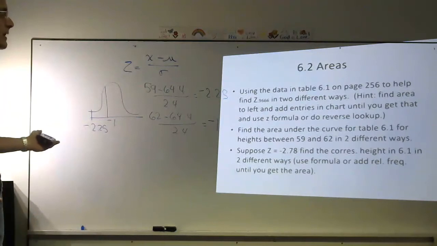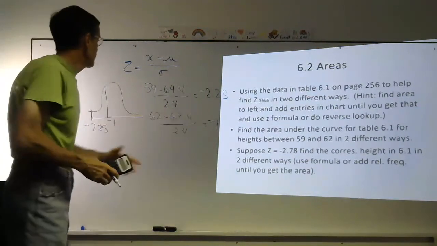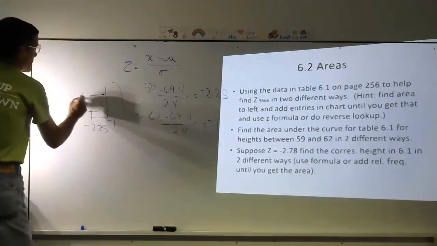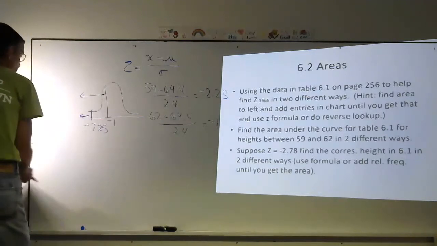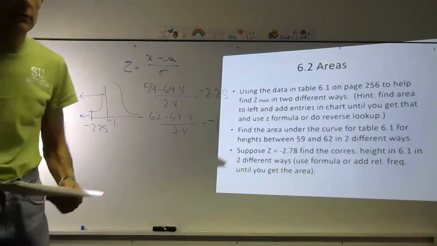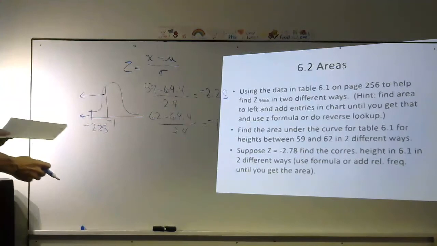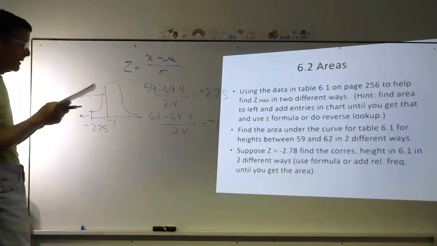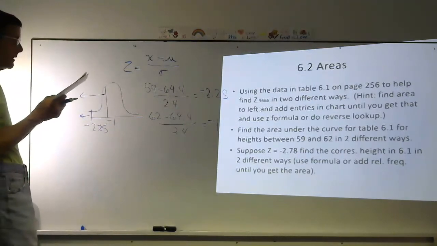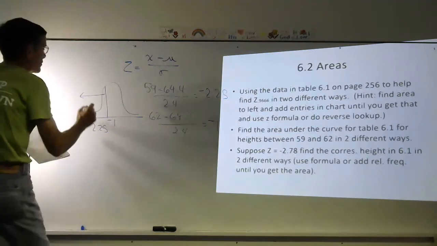We want to find the area under the curve, so I have to look these two up on the chart because the areas go to the left. Everybody see that all right? Look them up. Negative 1 we know is 0.1587.